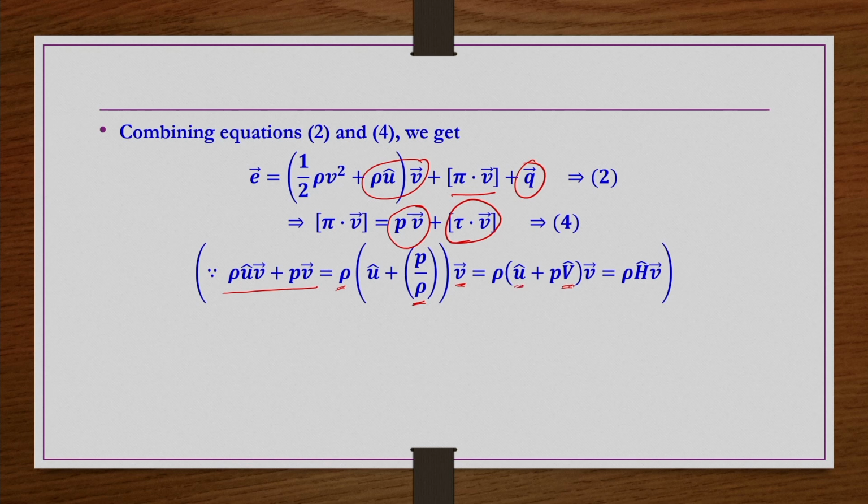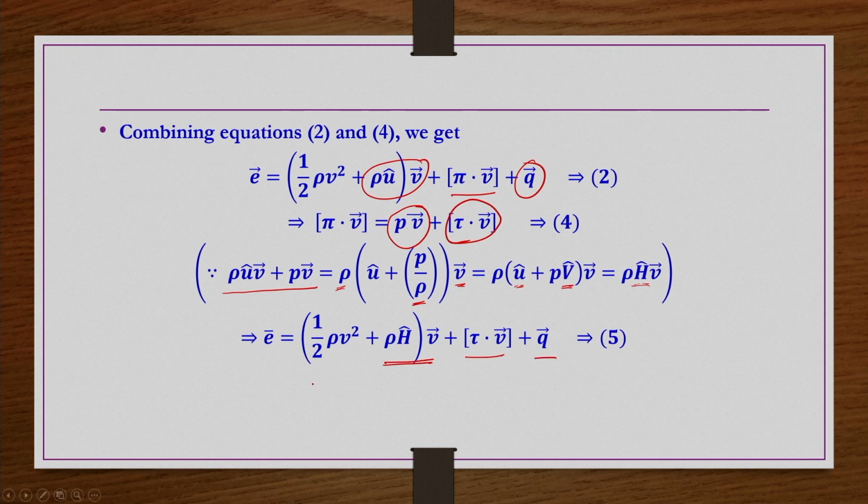So this u tilde and v tilde are nothing but the internal energy per unit mass and the volume of the system per unit mass. So u plus pv we can write as h tilde, that is enthalpy per unit mass. So equation number 2, after combining with equation number 4, gives this equation. In place of rho u v plus p v, we can write rho h v, that is rho h tilde v, and the remaining terms tau dot v, q, and half rho v square v are as they are.